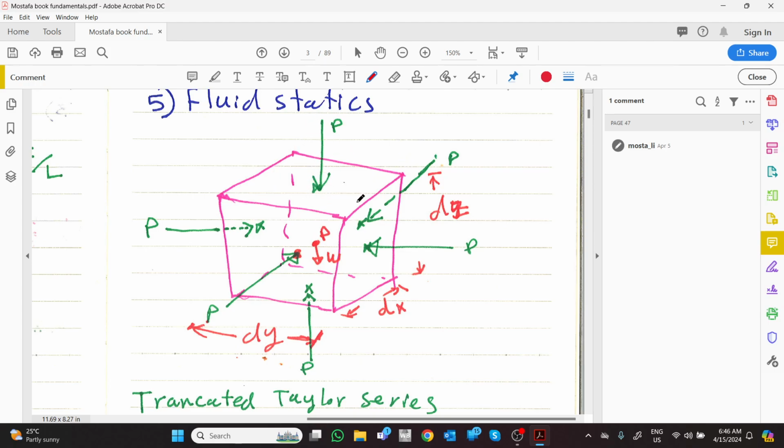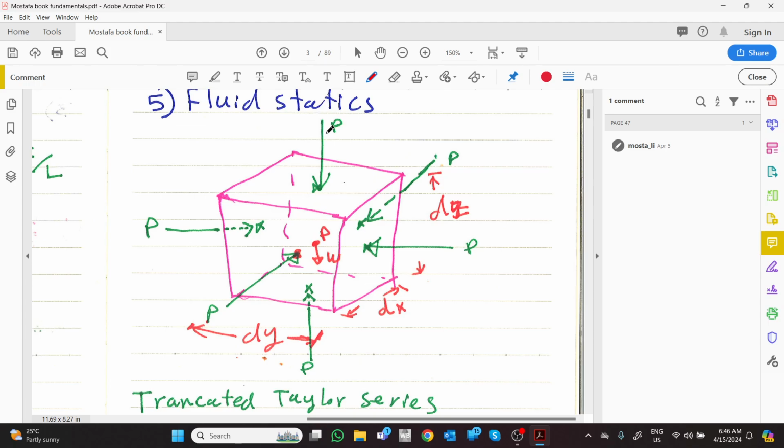Yet we know that on this surface there is another pressure going, whatever the pressure is, we don't care now. It is just an assumption that there is a pressure here, pressure here, pressure here, and so on. Somebody will ask, why are you not extending the pressure until it reaches this point? Because when you extend it, it will have the effect of this one, and this one, and this one.